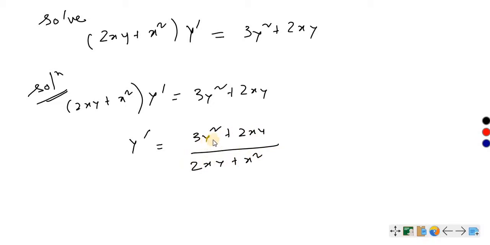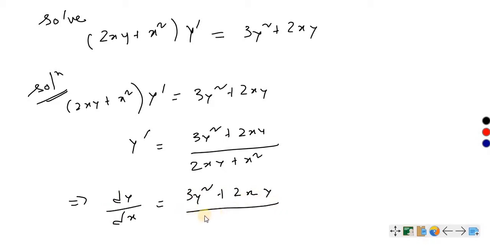Now if you check the degree here the degree is 2, here the degree is 2, here the degree is 2, here the degree is 2. So it is a homogeneous equation. So this can be further written as what? Dy by dx is equals to 3y square plus 2xy divided by 2xy plus x square.